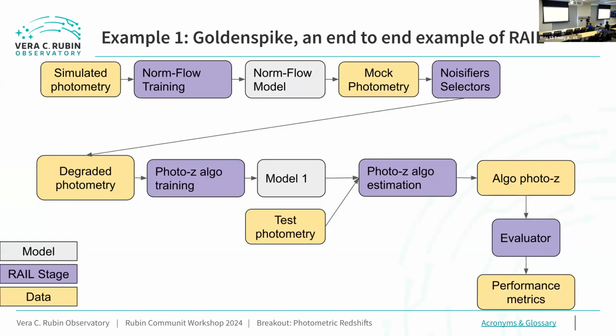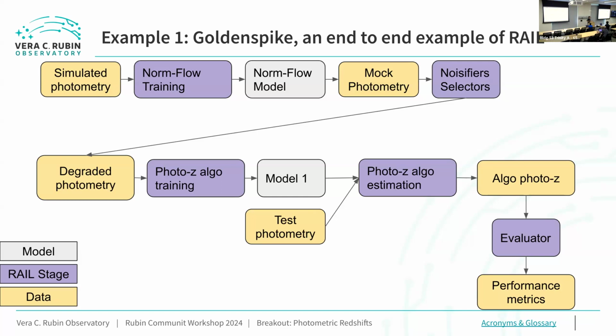So I will show one example of RAIL. Golden Spike is an end-to-end example of RAIL originally designed by Alex. It really just showcases all the different kinds of stages and connects them into one pipeline. This is not normally what production will do, but this really showcases all kinds of things.